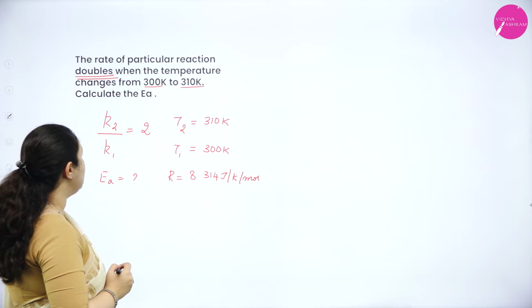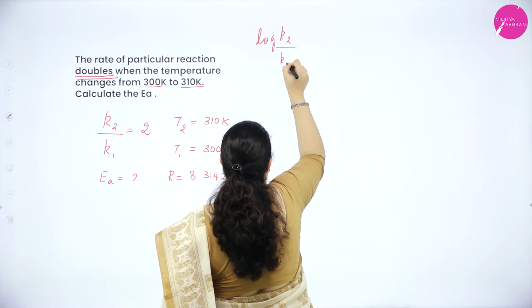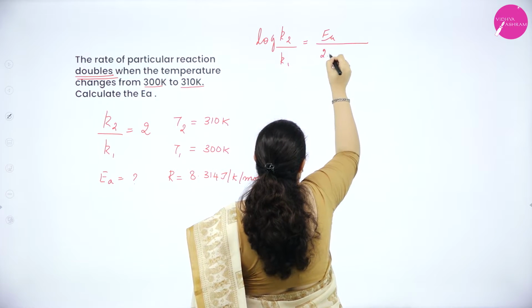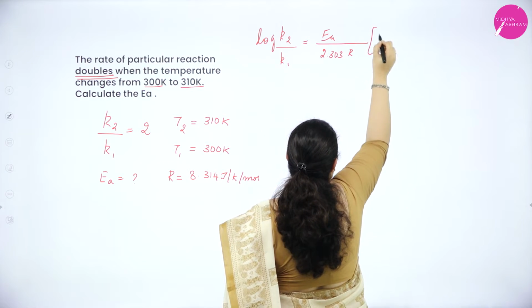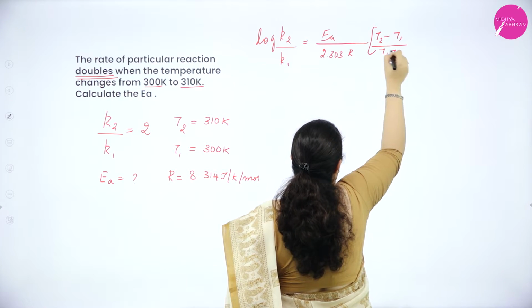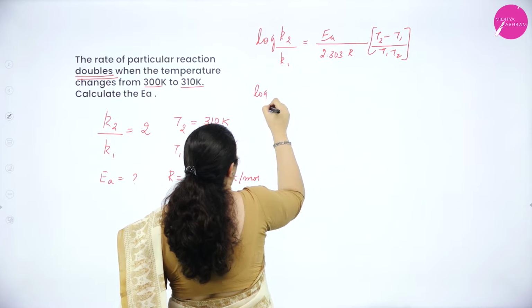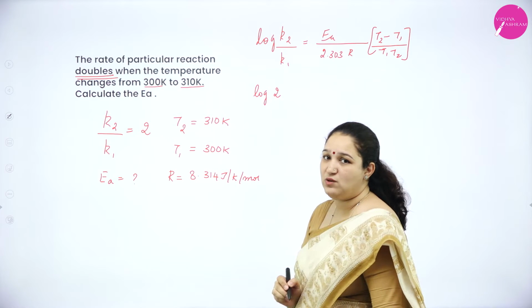So we'll solve this problem. Log K2 by K1 is equal to EA by 2.303 R into T2 minus T1 by T1 T2. So let's substitute now. Log 2, because K2 by K1 is equal to 2.